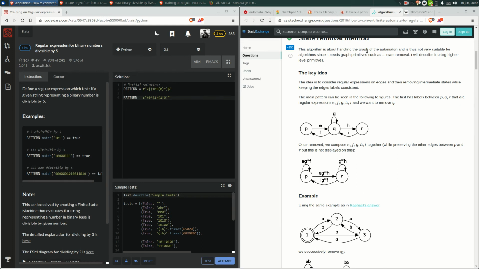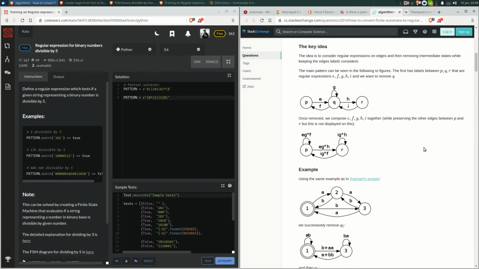The first has labels between P, Q, R that are regular expressions E, F, G, H, I, and we want to remove G. Once removed, we can compose E, F, G, E together, preserving the edges, between P and R. Alright, now you removed that.